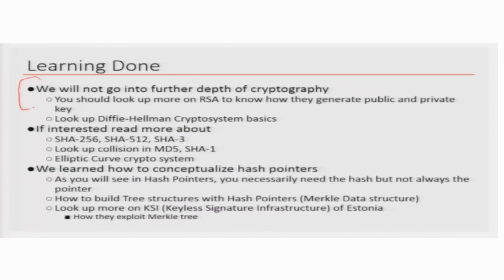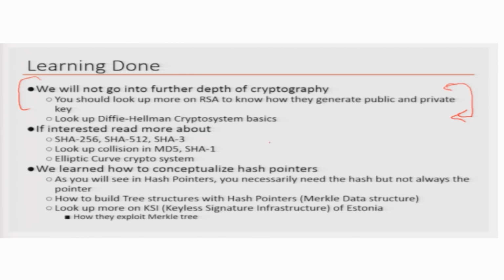In the rest of the course, we will not discuss any more cryptography. You can learn on your own more about RSA and how it works, and also look up the Diffie-Hellman crypto system, which is another public key crypto system based on the discrete logarithm problem, another hard problem. But we will not go into the depth of cryptography because that would require an entire course, and I am sure there are a lot of courses on cryptography.